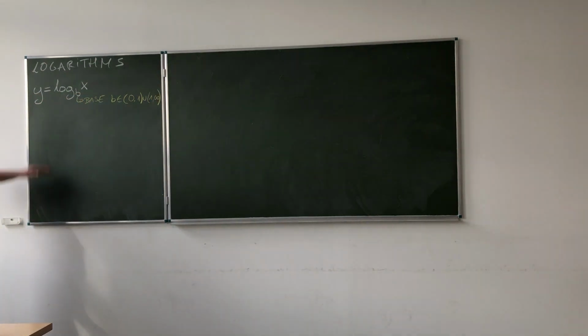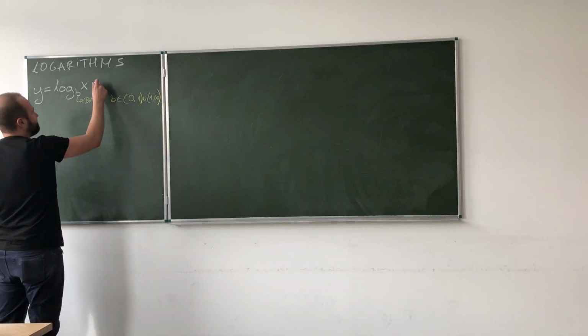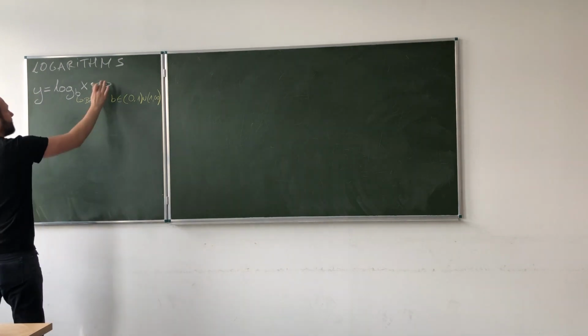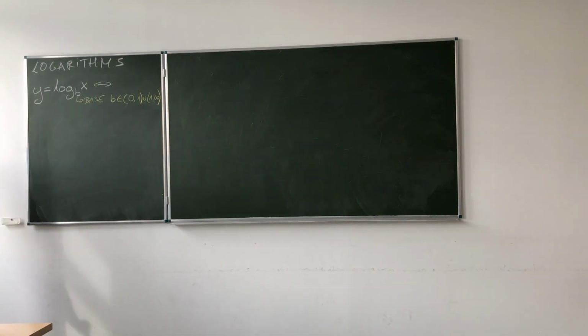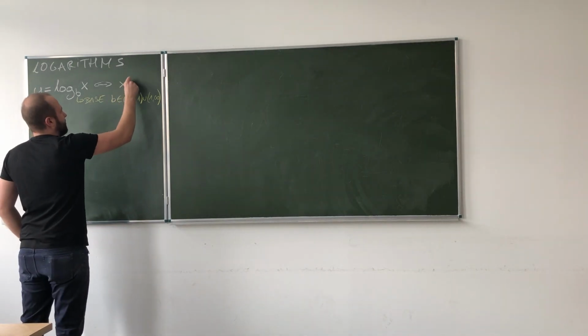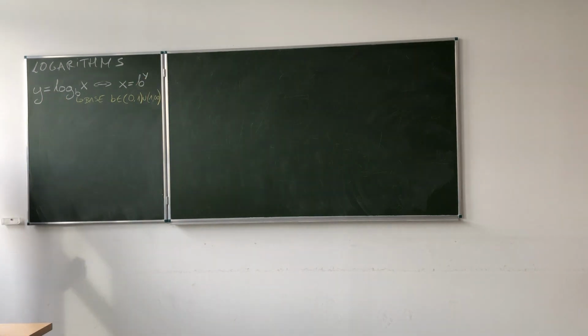So, we read this that logarithm with base b out of x equals to y. And this shows that logarithms are strictly connected to exponential expressions, because based on what we see over here, we can always construct an expression like this.